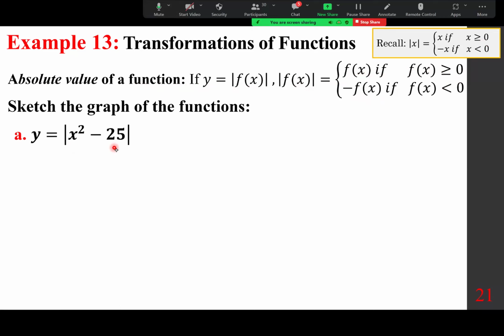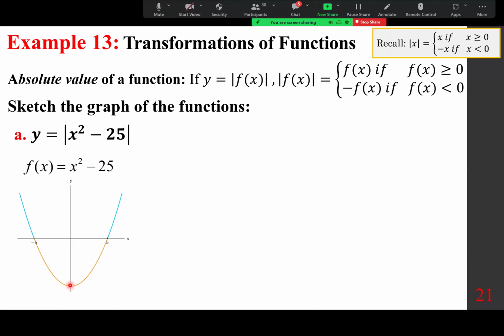So what is the process of graphing that? First, you graph it without the absolute value. Very simple. You know y equals x squared, bring it down by 25. So this has coordinates 0, negative 25.